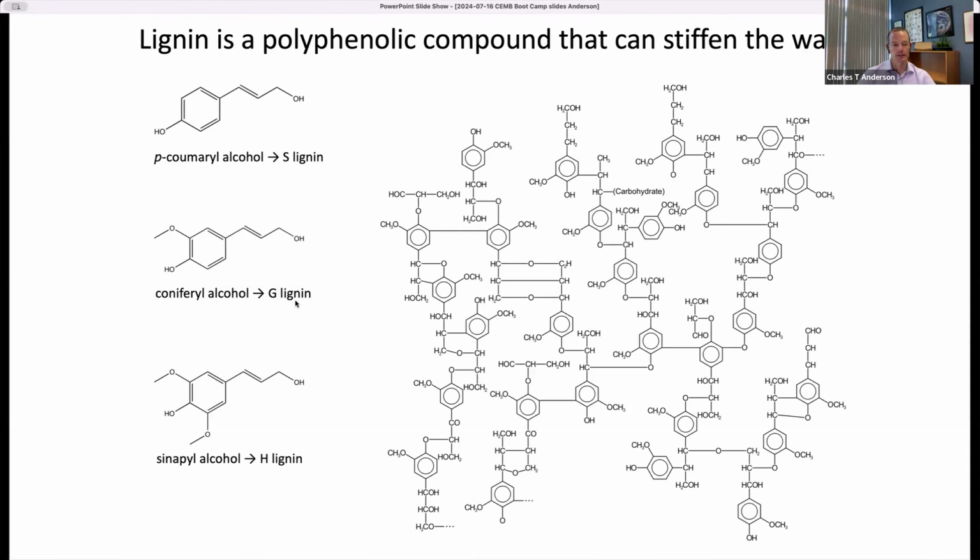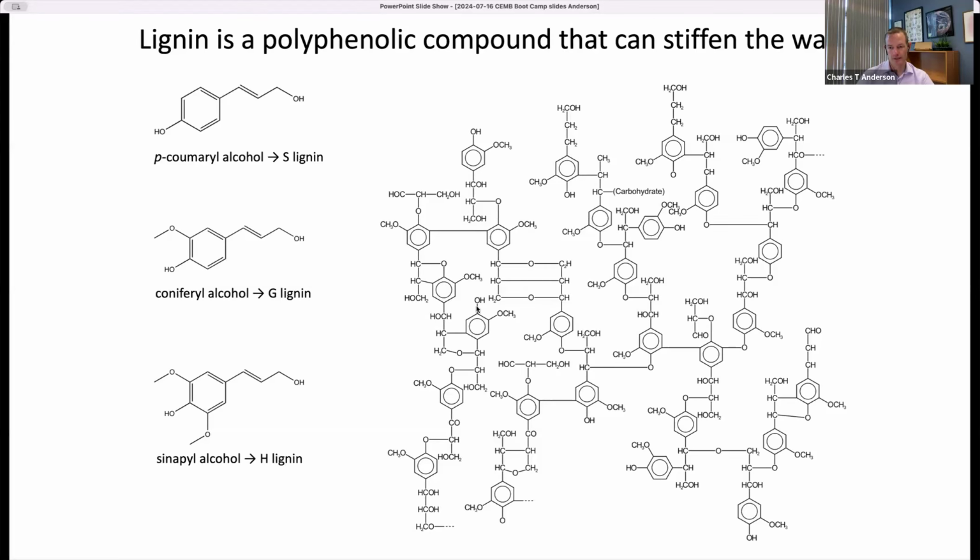So these monolignols can be acted upon by enzymes in the wall that form them into what are called monolignol radicals, right? They cause them to have single electrons. And those single electrons then allow these monolignols to react with one another to form beta ether and ester linkages that generate this fairly complex polymer that has these, again, phenol groups interspersed.